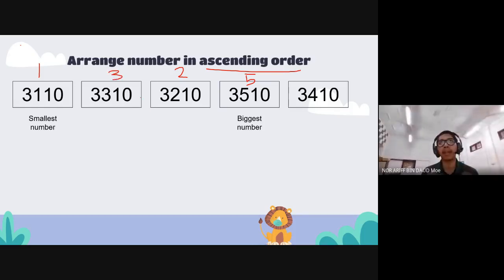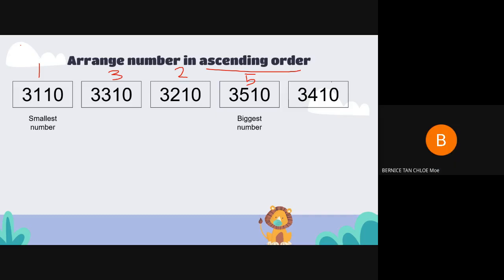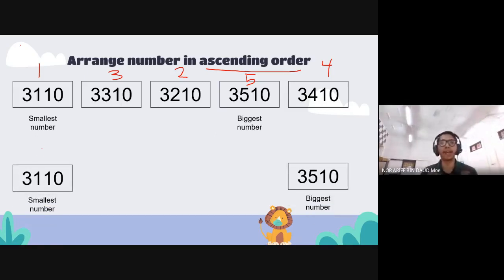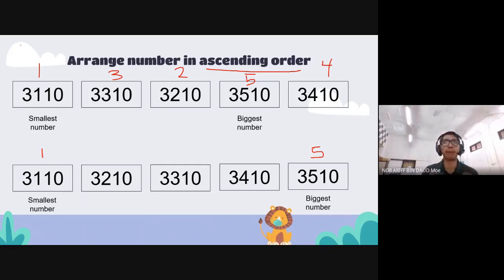Okay, and the last one for number 4? 3,410. Yes, okay, thank you. Now we arrange the number. I have the smallest, I have the biggest, and I have number 1 and number 5. So I arrange number 2, number 3, and number 4. Okay, senang kan? Senang je.